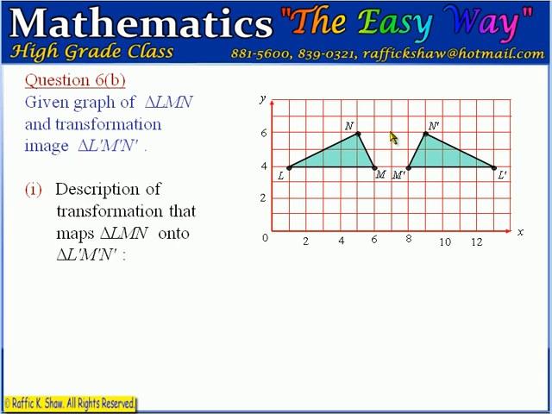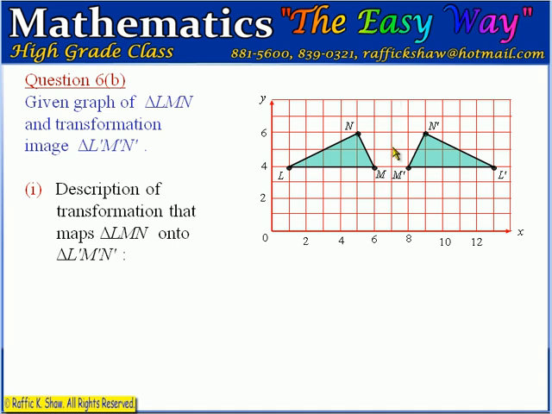The mirror line is also halfway between M and M prime, right here, and therefore also passes through this point. Since the mirror line passes through this point and this point, the mirror line is a vertical line through here.